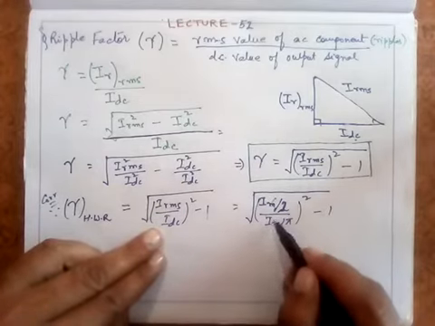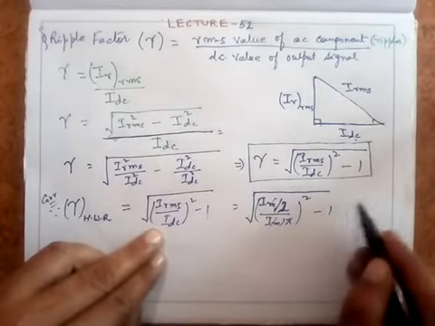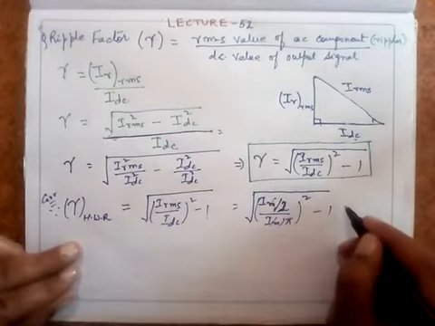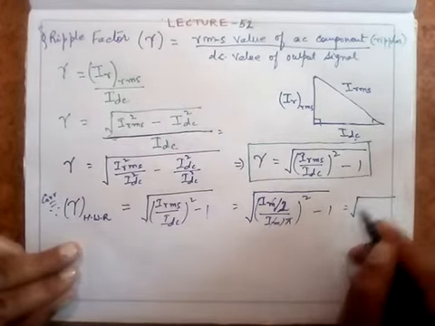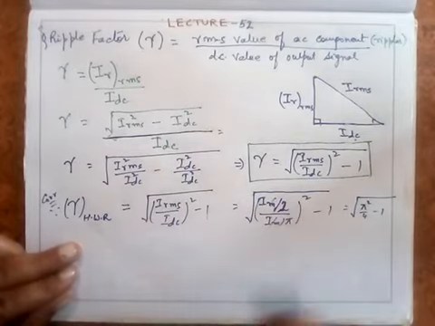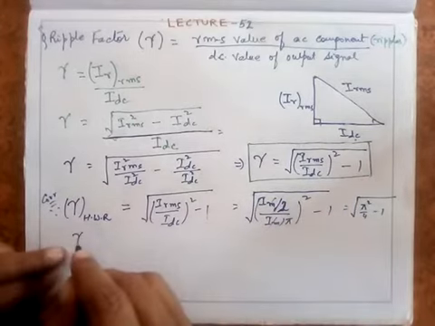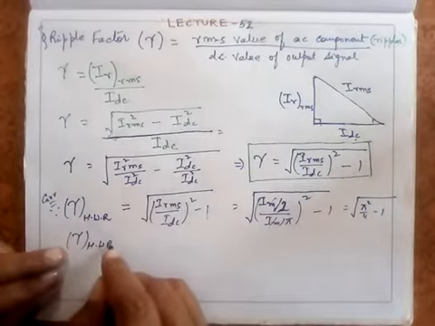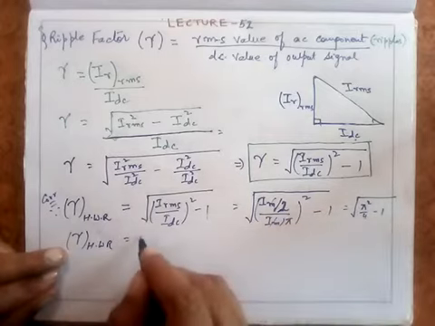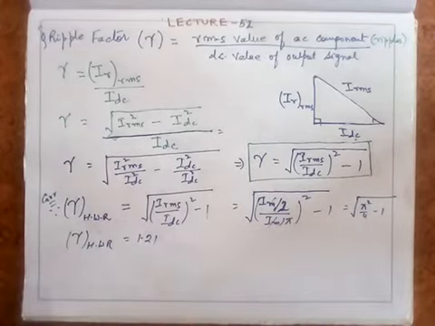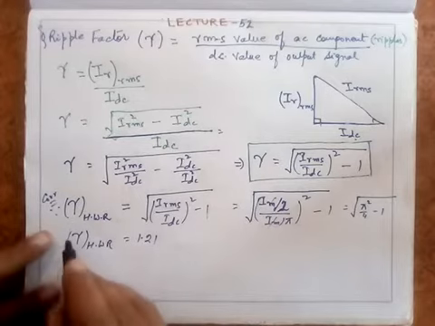Of course this IM will cancel, it will be pi square upon 4 minus 1. So the gamma for a half wave rectifier, if you solve this, comes out to be 1.21, a very large value.